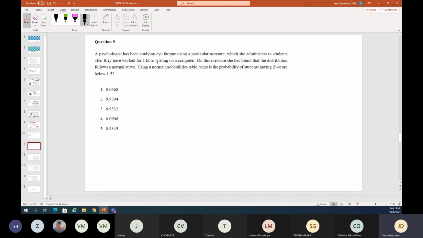Okay, a psychologist has been studying eye fatigue using a particular measure which he administers to students after they have worked for 1 hour. On this measure, she has found that the distribution follows a normal curve. Using normal probability table, what is the probability of students having a Z-score below 1.5?